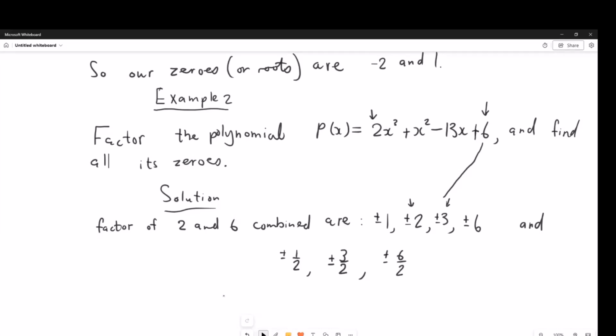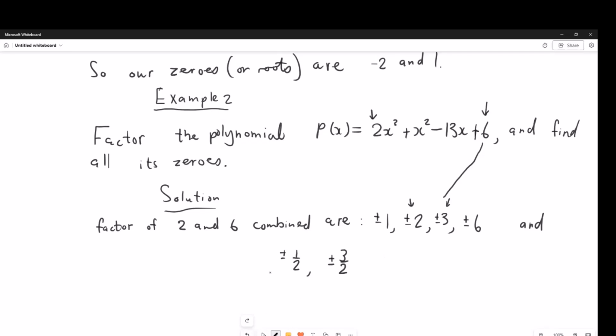It's plus or minus 3. So there's just a bit of repetition there, okay? But in essence, the factors are plus or minus 1, plus or minus 2, plus or minus 3, plus or minus 6. This is just a repetition. I can just discard this plus or minus 6 over 2. There's no real need for that. I can just discard that one because it's already there, okay?